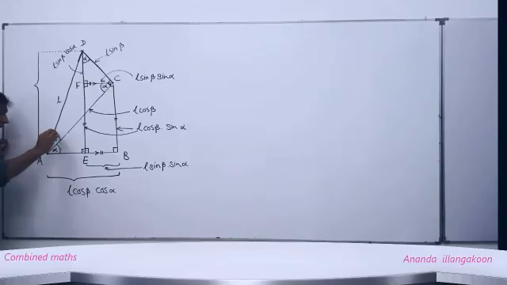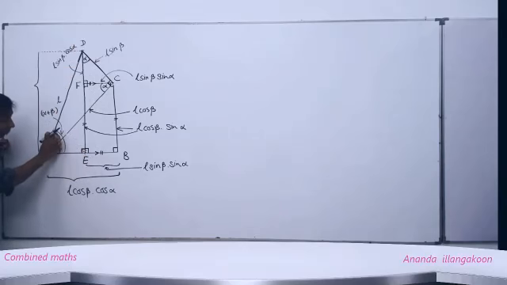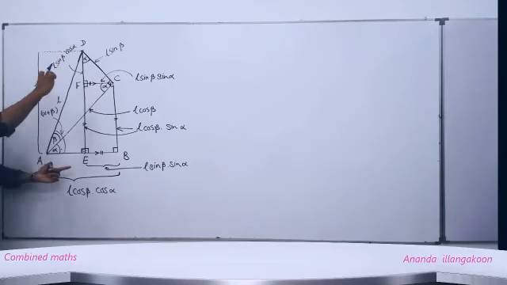What is this whole angle? The whole angle is alpha plus beta. And this triangle AED is a right angle triangle, here 90. Then this DE side is the opposite side of this angle alpha plus beta. Then using this hypotenuse, how to write this opposite side?